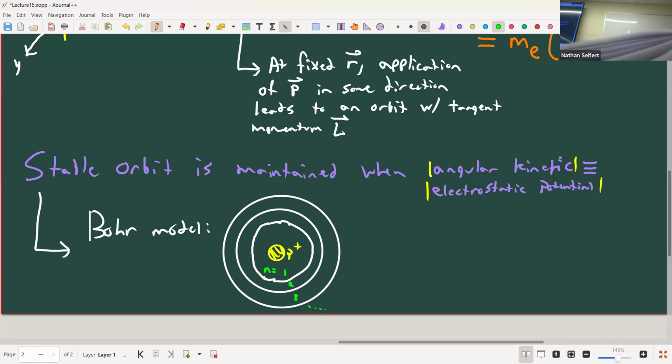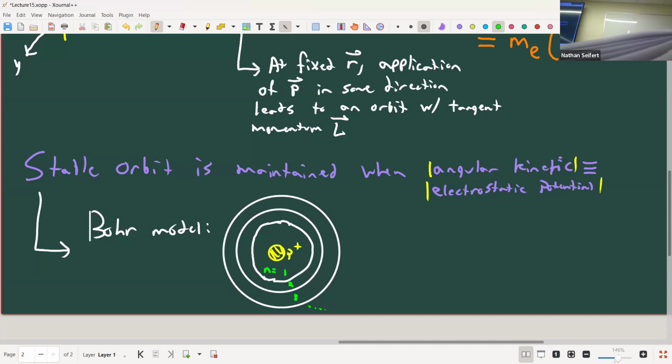This is how Niels Bohr came up with the description of the hydrogen atom, saying that there have to be stable, quantized orbits that exactly cancel out the electrostatic potential energy. Here's the problem with Bohr's model.